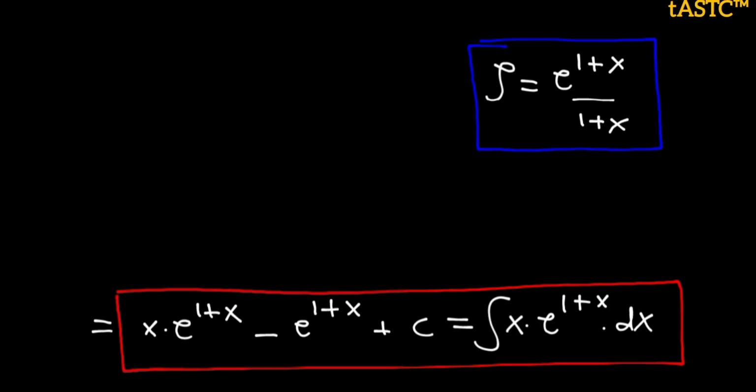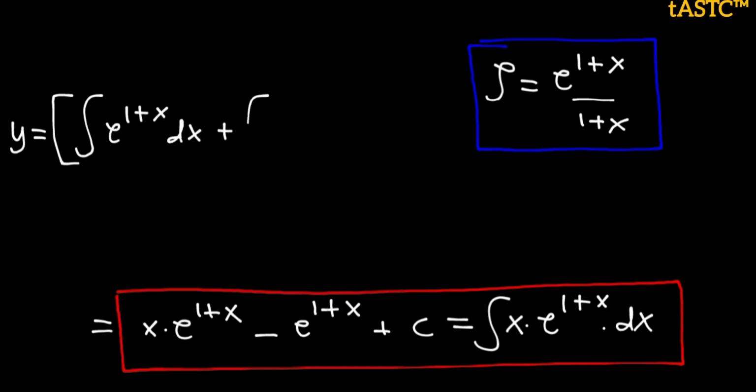Now we know that initially what we had was y equal to the integral of e to the 1 plus x dx plus the integral of x multiplied by e to the 1 plus x dx, right? And this was multiplied by rho to the negative 1, right?